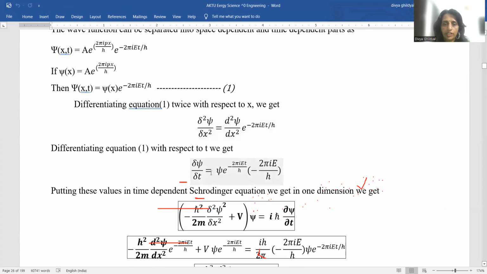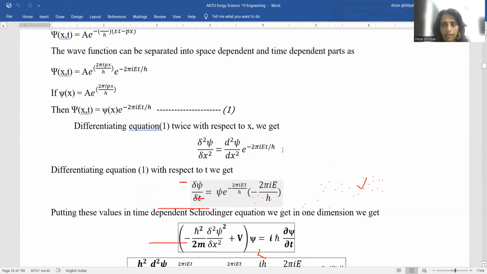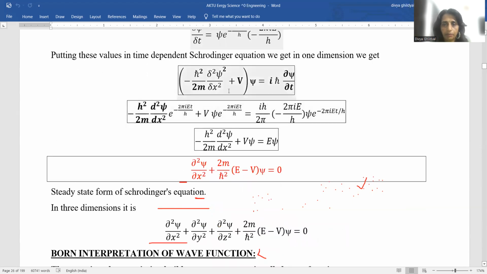Again, I differentiate it with respect to t. The same thing I did in the previous equation. And then I put these two values in my time dependent equation here, and I get my expression for time independent Schrodinger wave equation equal to del 2 phi by del x2 plus 2m by h bar square into (E minus V) phi equal to 0.